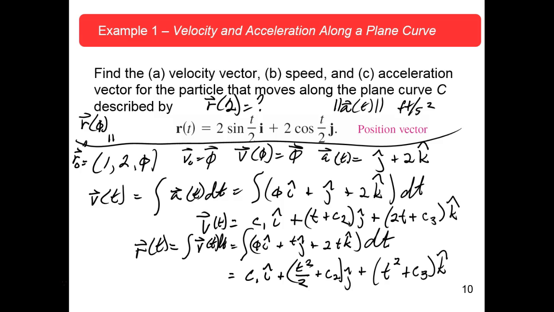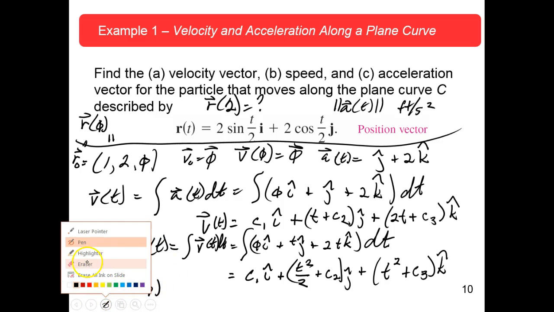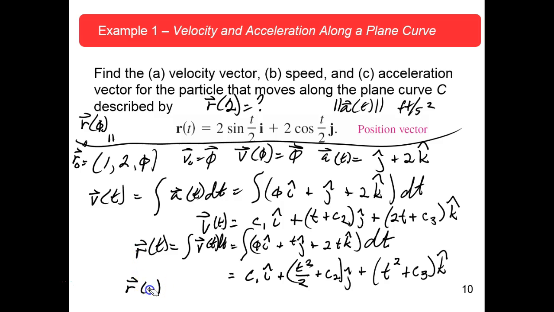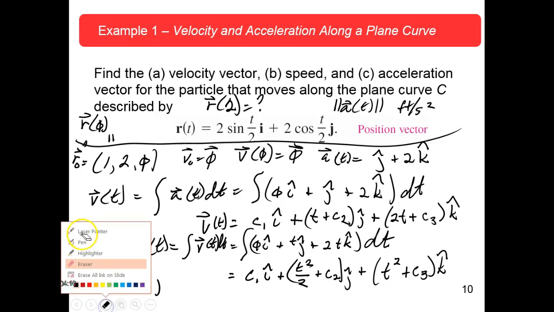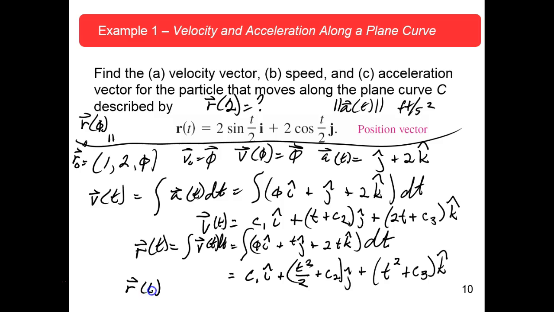We know at t equals 0, we're here. So guess what C1 is? Well, we don't have to write it like this. Let's just write down what r of t is, because I don't have a lot of room. At time t equals 0, this one is 1.